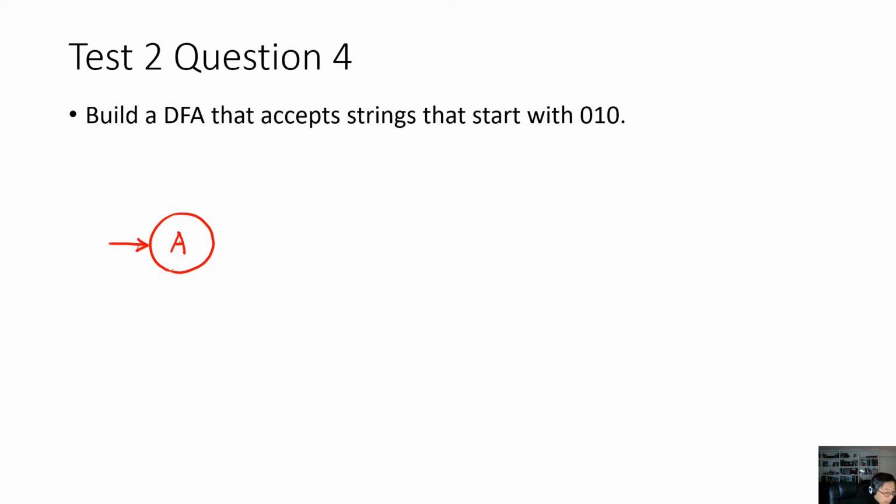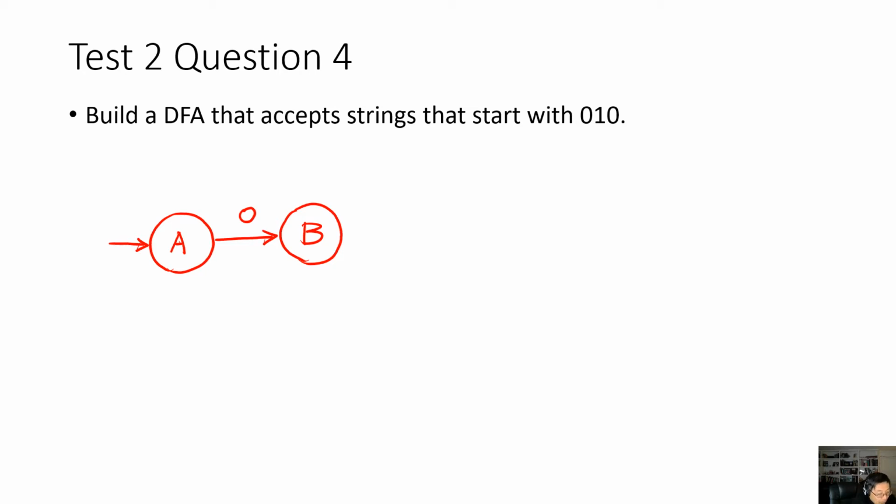Now, since we are going to build a DFA that accepts a string that starts with 0, 1, 0, in this case we only have two input values, either 0 or 1. Suppose the input value is 0. The starting state is A, and the input value is 0. This is going to lead to another state, I call it state B. State B is one step closer to the accepting state, right?